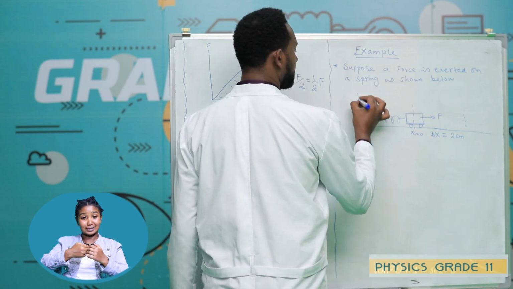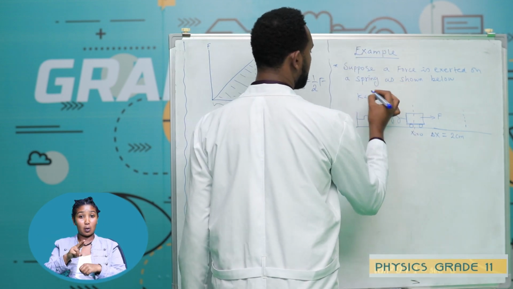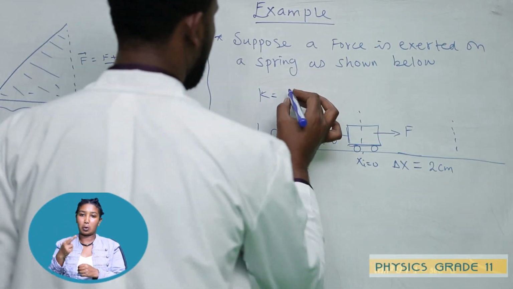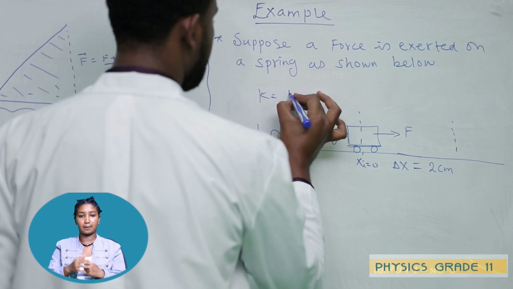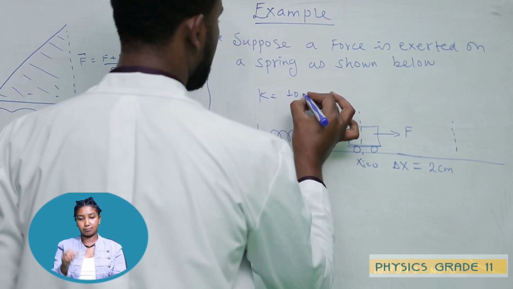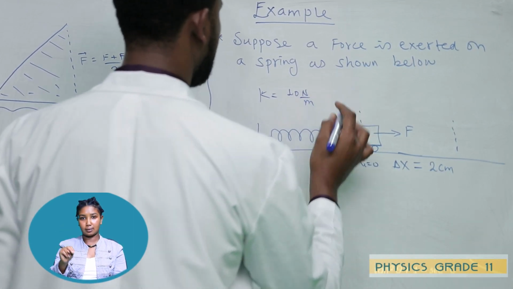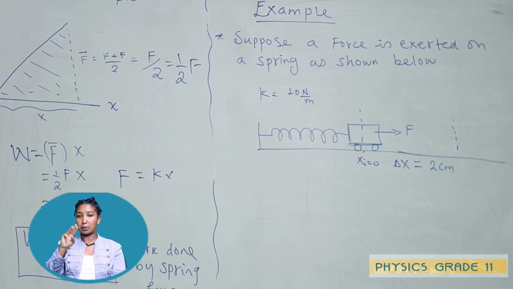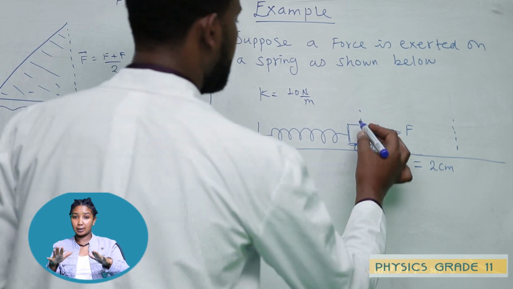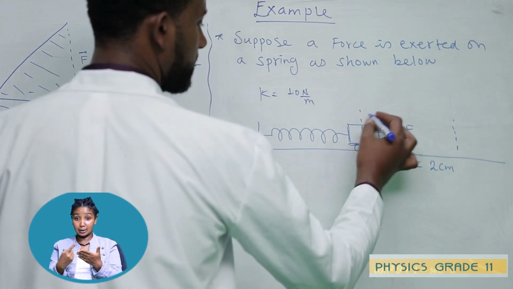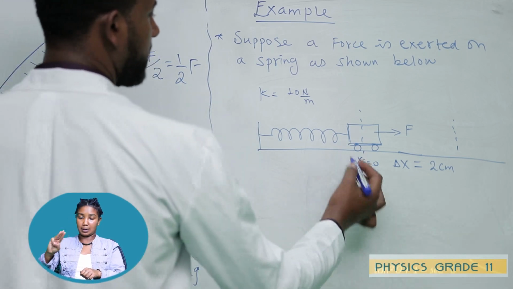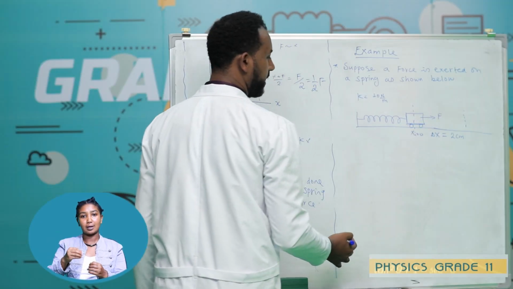The spring constant, also known as stiffness or force constant, is 10 Newton per meter. What is the work done in displacing this spring a distance of 2 centimeter using an external applied force?